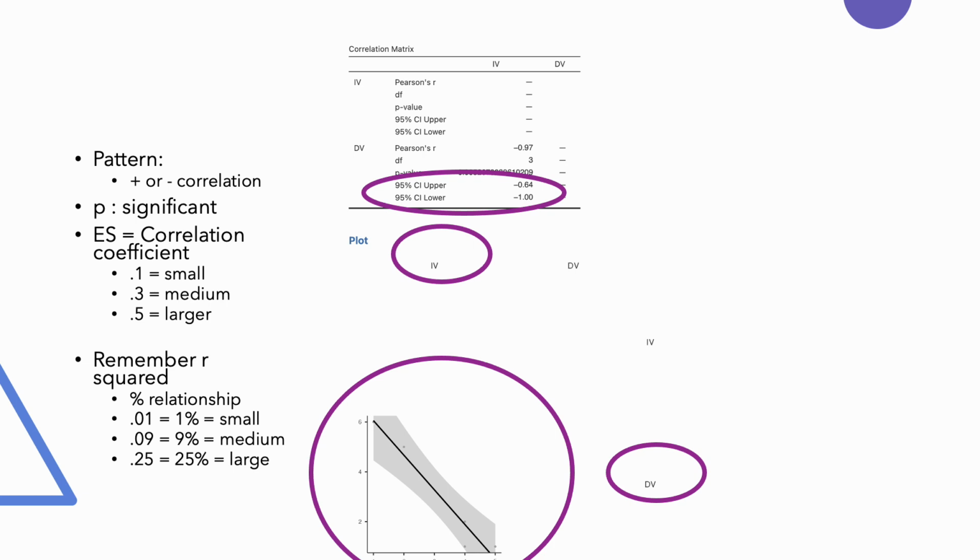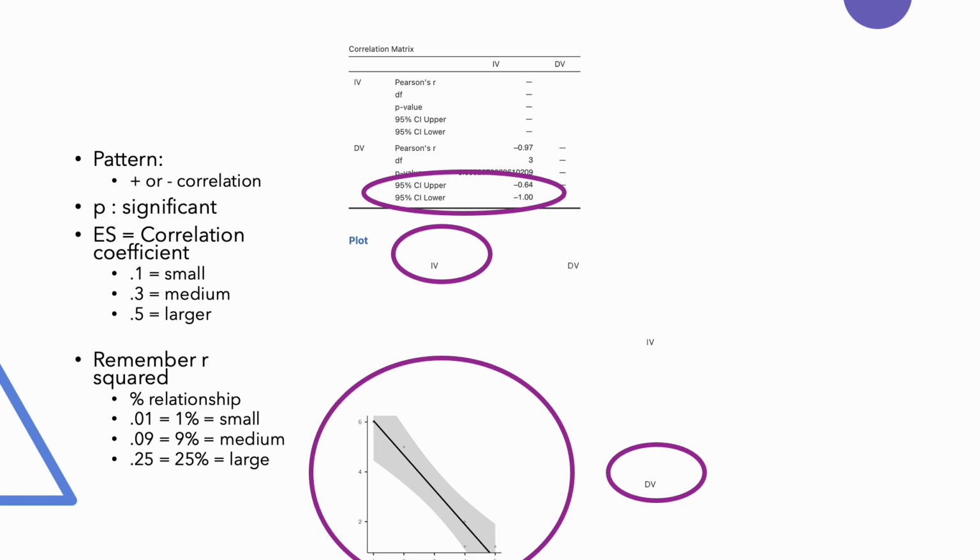0.3 times 0.3 is 0.09 times 100, a 9% relationship is medium. 0.5 times 0.5 is 0.25 times 100 is 25%, large. So I do like the R squared values, but you can interpret and should interpret your correlation coefficients.